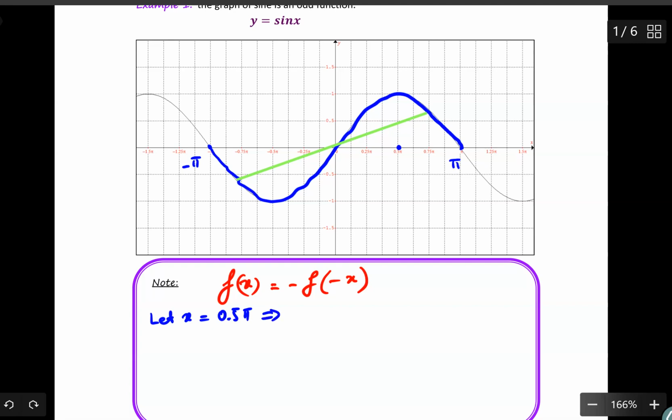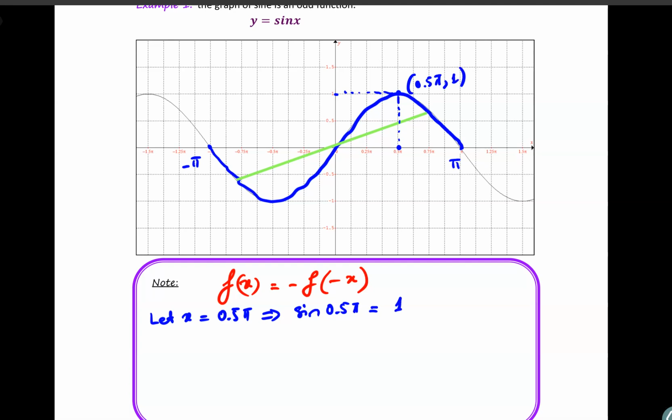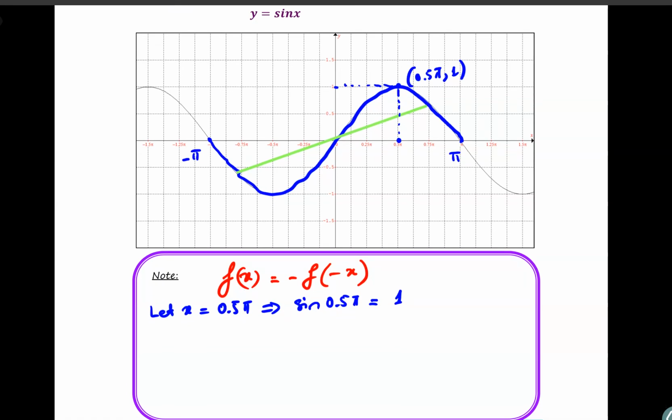Then sine of 0.5 pi will be equal to 1, which is this value right here. So right here I have 0.5 pi, and here I have 1. So sine of that is equal to 1. Then I will evaluate sine of negative 0.5 pi.